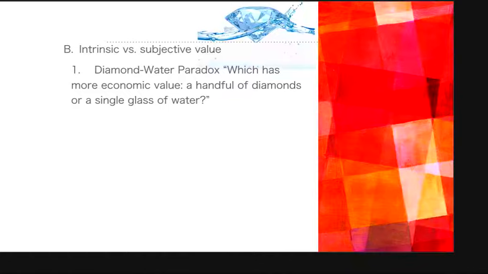Go back once again and looking at this question, it was solved back in the 1870s by Carl Menger. His last name is M-E-N-G-E-R. You should include him in your notes if you've not already. And he wrote a book called Principles of Economics, where he said there's not one value for every good.